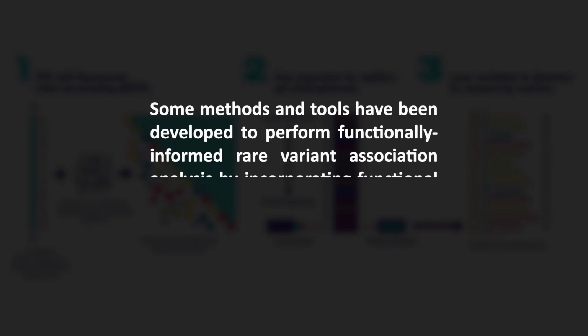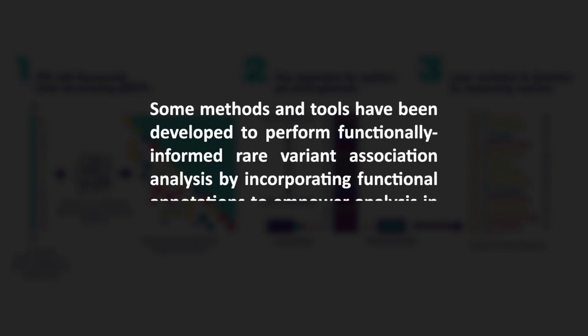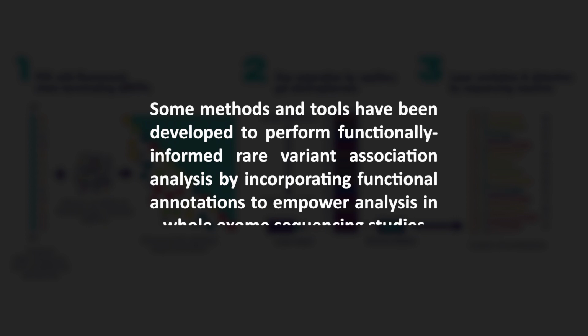Incorporating these annotations can effectively boost the power of genetic association of rare variant analysis of whole genome sequencing studies. Some methods and tools have been developed to perform functionally informed rare variant association analysis by incorporating functional annotations to empower analysis in whole exome sequencing studies.